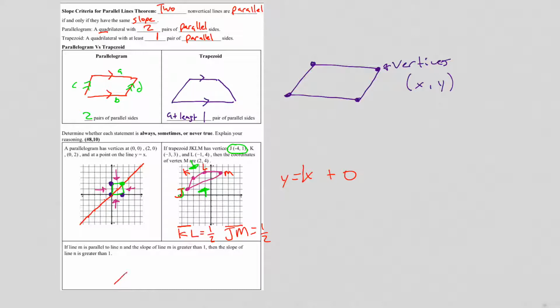So this is just a way to think of it, that the lines are directly related. And since the lines are parallel, their slopes are always the same.